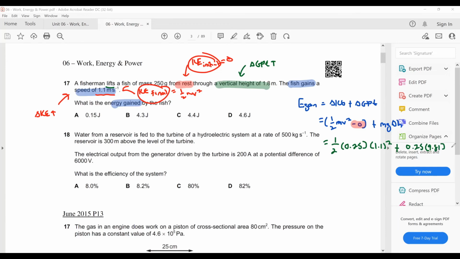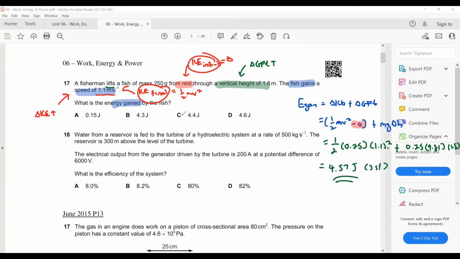Your height is 1.8. So 0.5 times 0.25 times 1.1 square plus 0.25 times 9.81 times 1.8. There is going to be 4.57 joules.